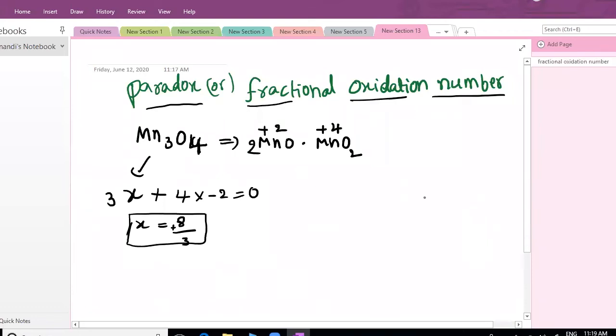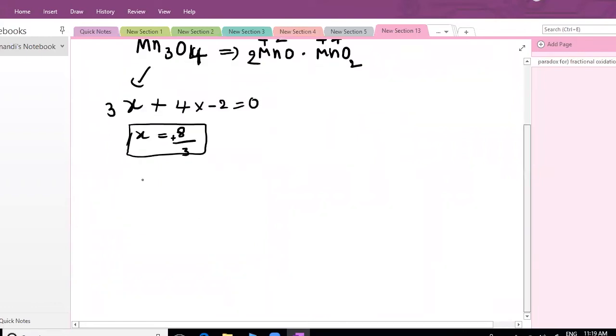Similarly, Pb3O4: 3x plus 4 into minus 2 equal to 0, so x equals plus 8 by 3.